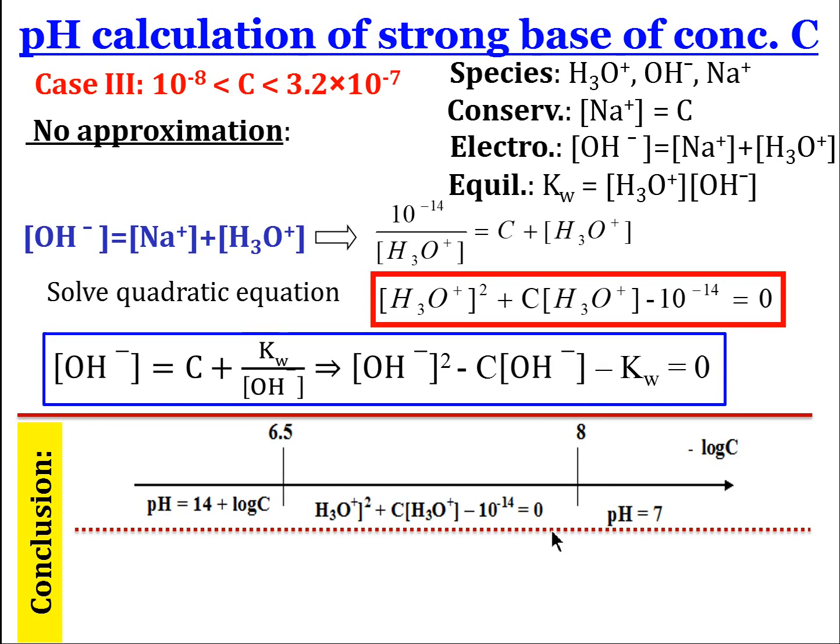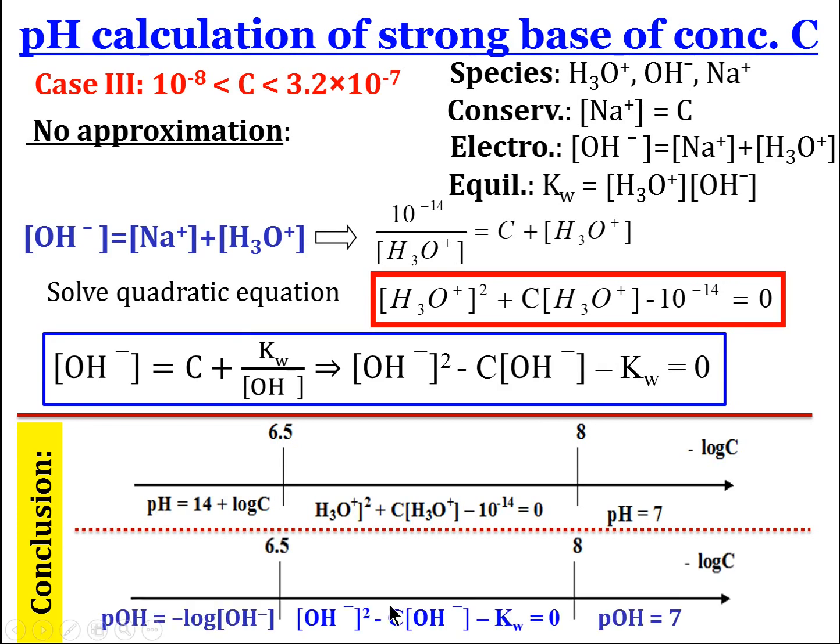We can write this domain of validity according to the concentration of OH minus. If minus log C is less than 6.5, we apply the relation pOH equals minus log OH minus in the solution equals minus log C, that is pC.